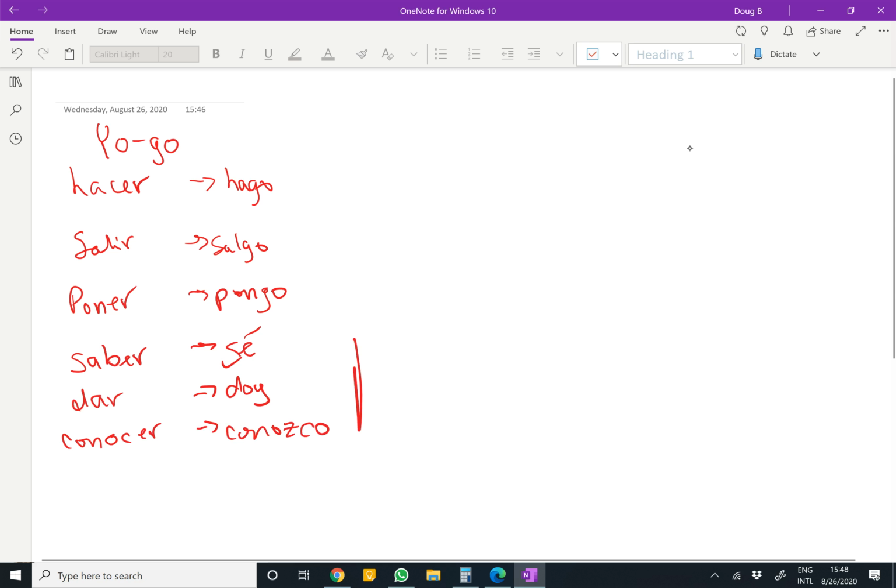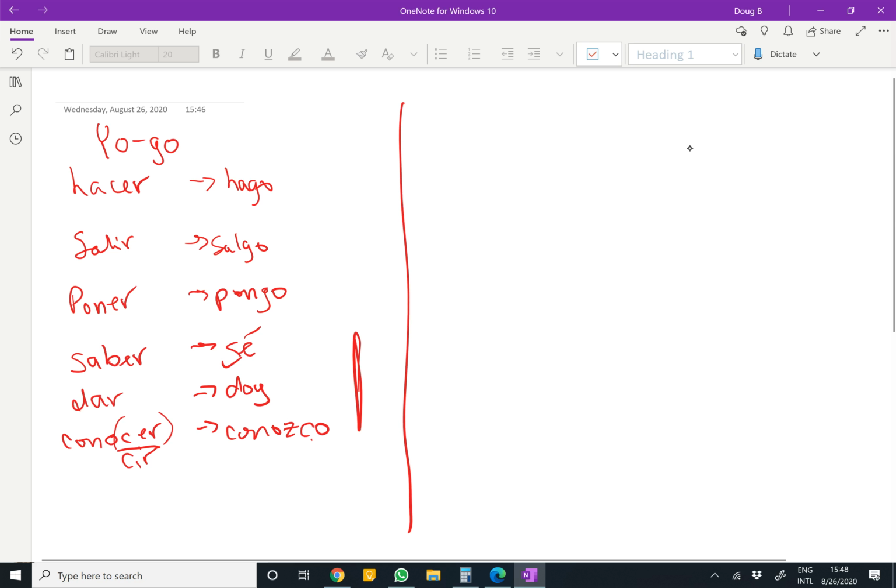And in these verbs, all of the other forms follow the pattern except for the yo forms. You have to be careful with the yo form. And actually with conocer, any verb you see that ends in CER or CIR will have the ZCO in the yo form. So conducir, conduzco, traducir, traduzco. That's another pattern you guys can pick up on. So those are the yo-go verbs.